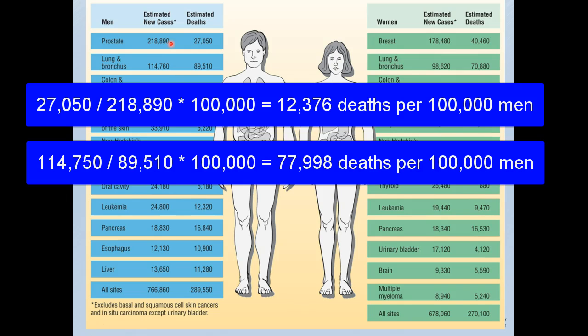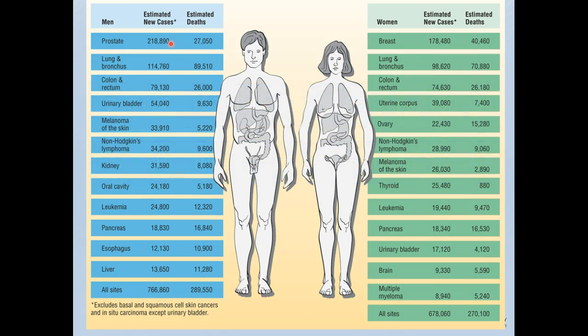So the case fatality rate for lung cancer is much higher than it is for prostate cancer. So now do the same calculations for women, for breast cancer, and then for ovarian cancer.